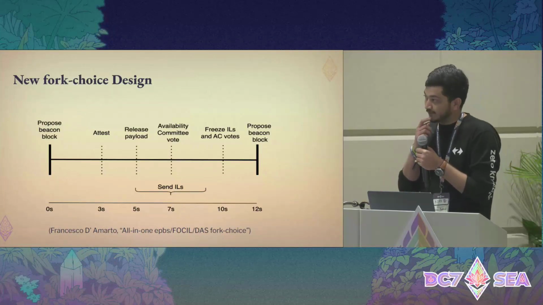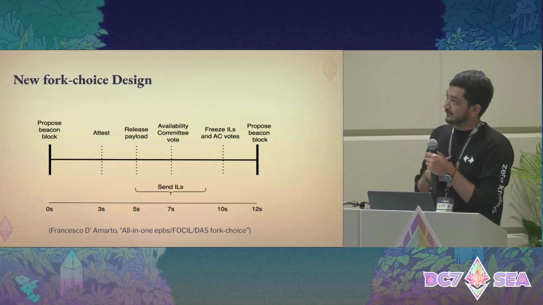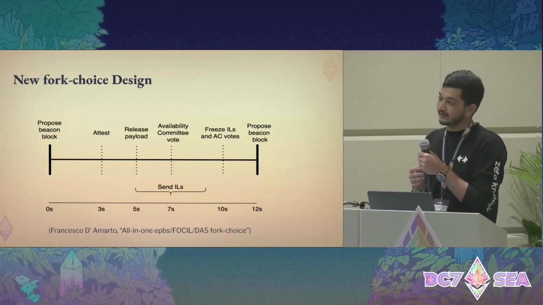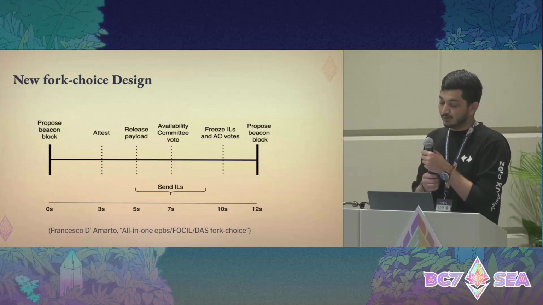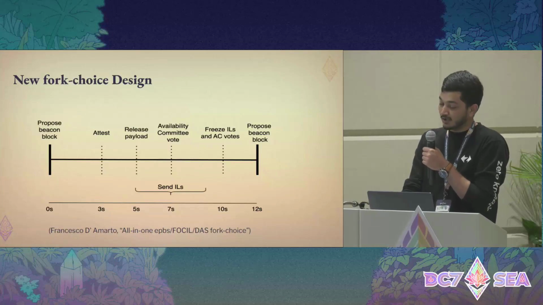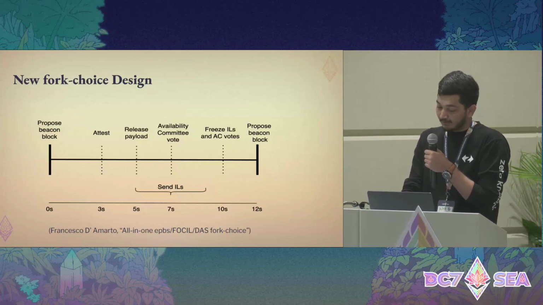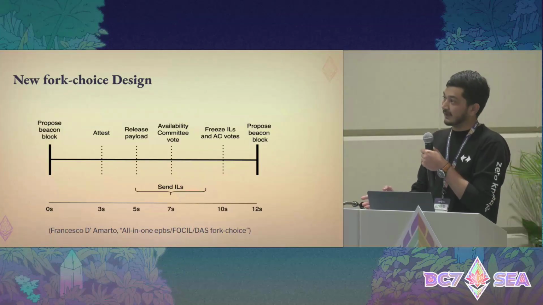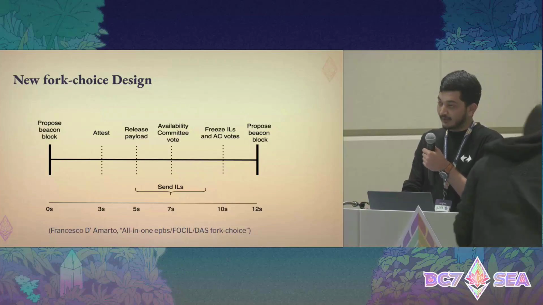It uses an availability committee. The payload timeliness committee is renamed to the availability committee here, and now it doesn't only vote on the timeliness of the block, but also on the payload and the block availability, while also enforcing the inclusion list through deadlines.